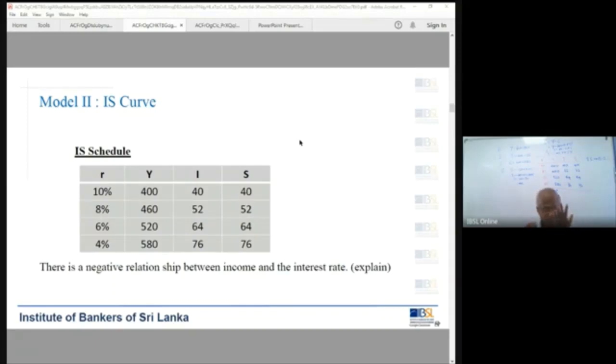Now, a small thing in addition to that. In microeconomics, the demand curve is downward sloping. Why? Price and quantity demanded have a negative relationship. When price decreases, quantity demanded increases. Why? We gave a very good explanation: income and substitution effect. When price decreases, people's real income increases.